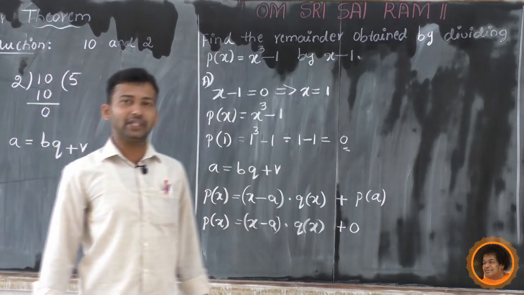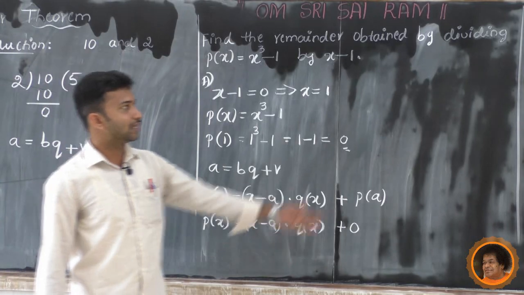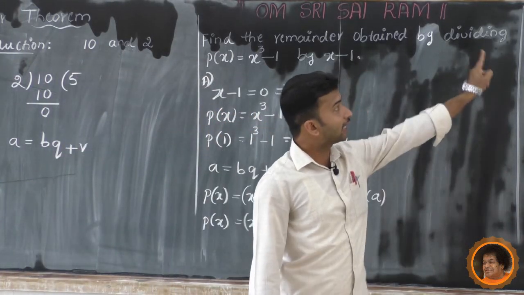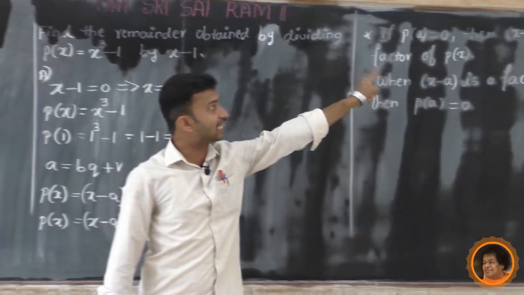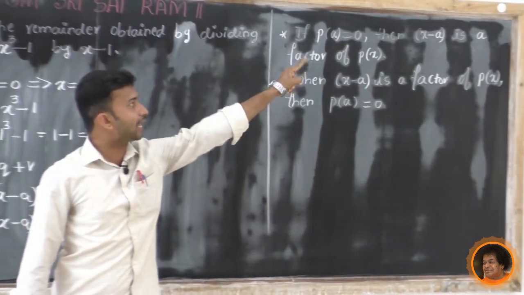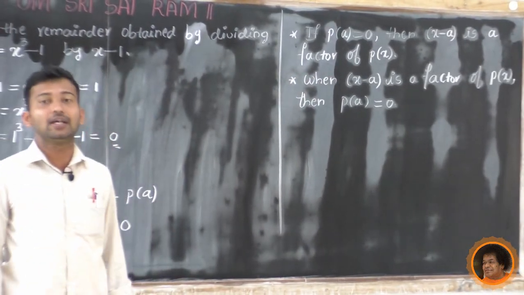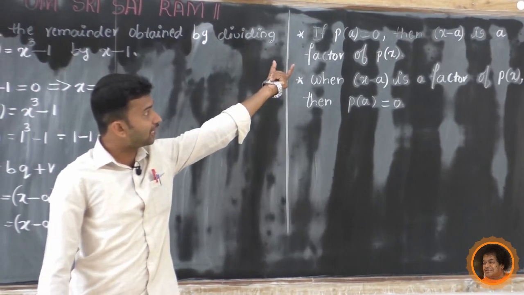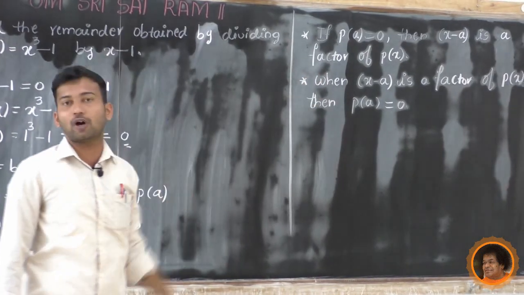Now, shall we define what is factor theorem? Yes. Factor theorem says that if p of a is equal to 0, then x minus a is a factor of p of x. This is the first statement in the factor theorem. If p of a is equal to 0, then x minus a is a factor of p of x.